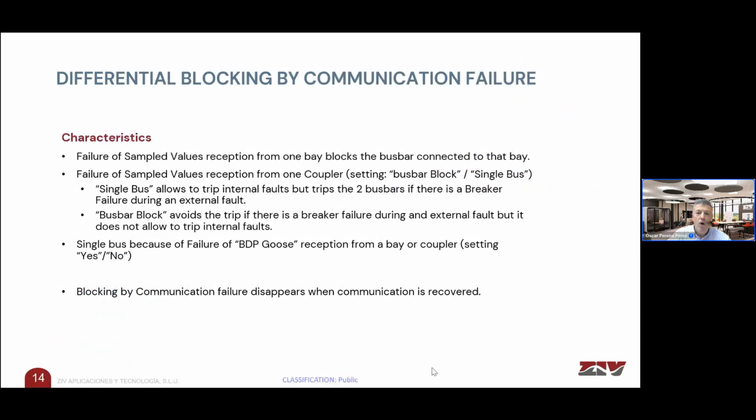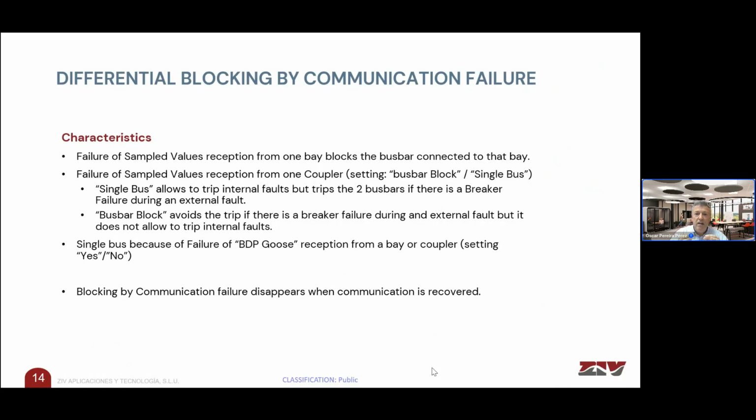Okay. Also, we have another unit to block the differential protection in case of communication failures. As you can imagine, the communications are the key in a protection like this, with all the elements interconnected.